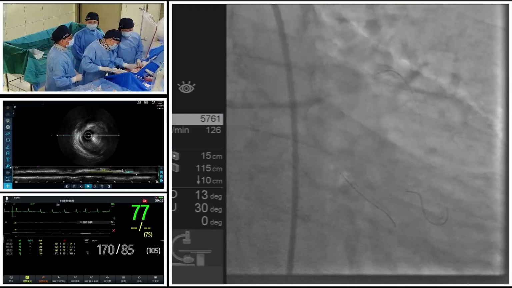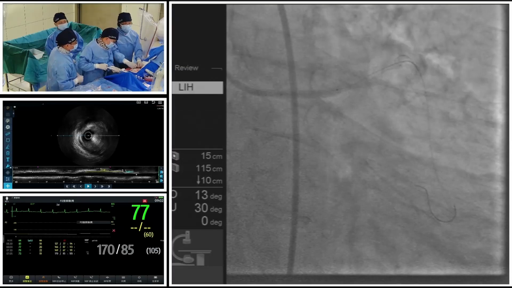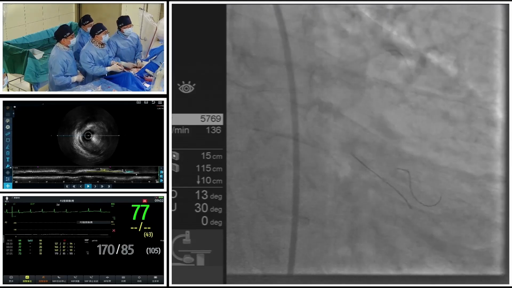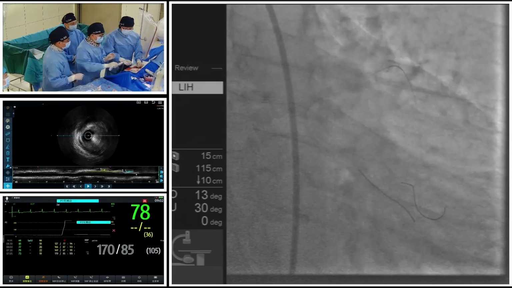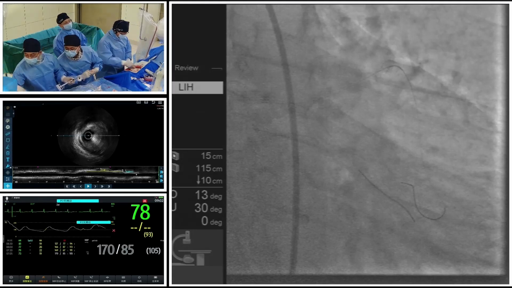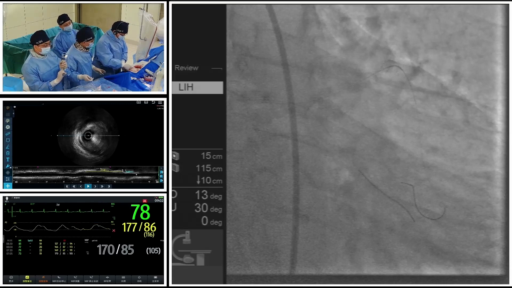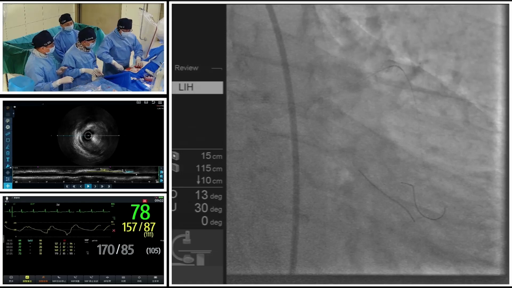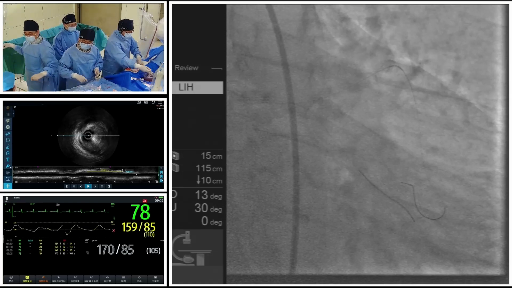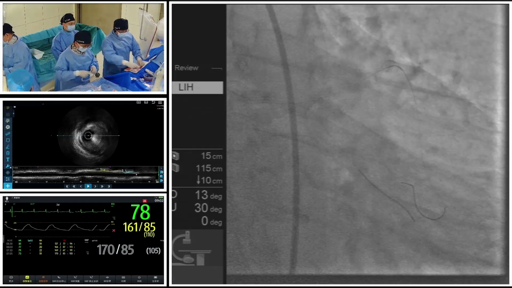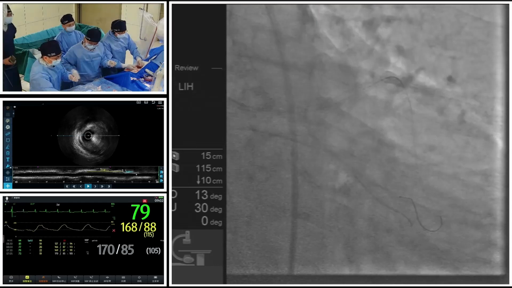Actually, there is another question from the audience. They wonder why we were not using the IABP system for this patient. The first thing I want to explain is that this patient is relatively young, and the heart function is relatively normal. We can see that in the previous PCI, we solved the problem of the RCA. The RCA is normal, and the circumflex is not a dominant vessel. So this time we are solving the LAD and the left main. It is not an unprotected left main.